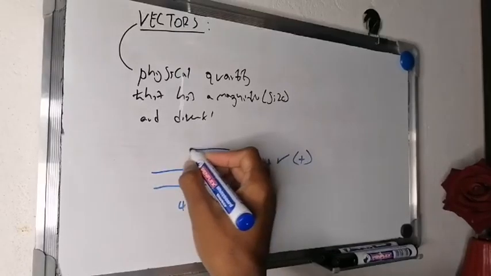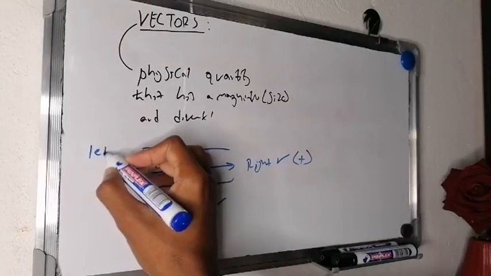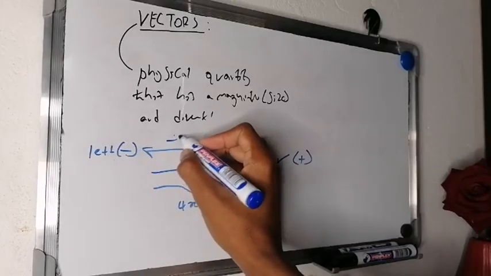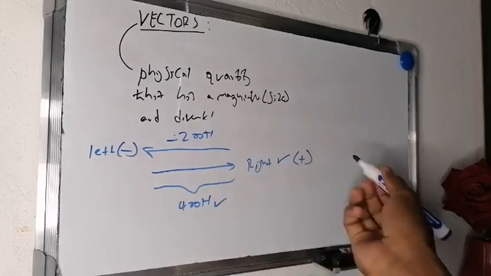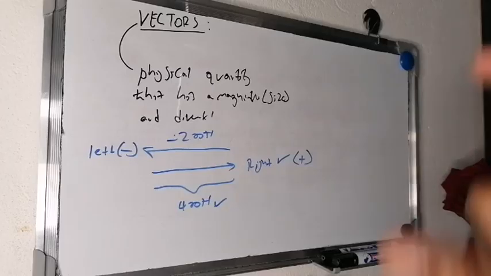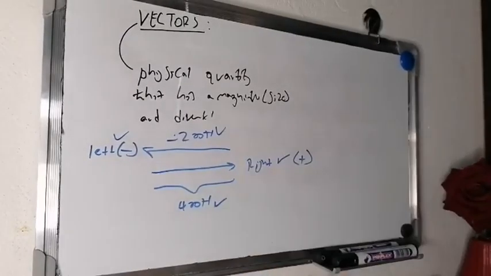Should we have another vector going in the 180 direction, meaning going to the left, it's going to be a negative vector. So it can have negative 200 Newton because it's going to the left. It's a quantity that has a magnitude and a direction. We want to know where it is going.